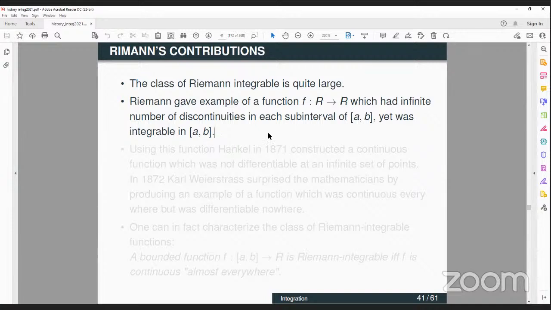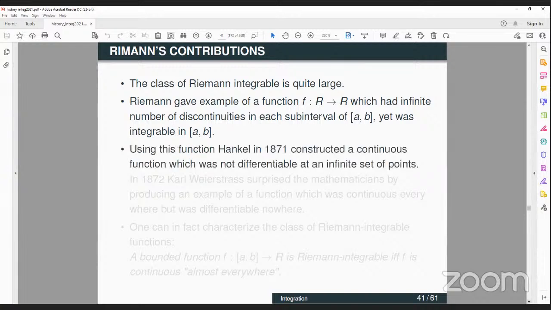The space of Riemann integrable functions is much larger than the class of continuous functions. Hankel gave an example of a continuous function which is not differentiable at an infinite number of points. That was a surprise to many mathematicians.